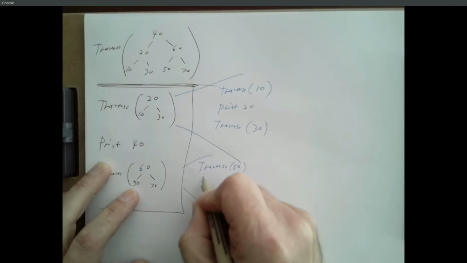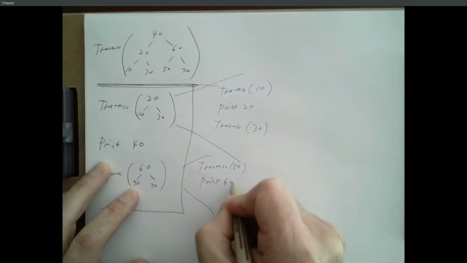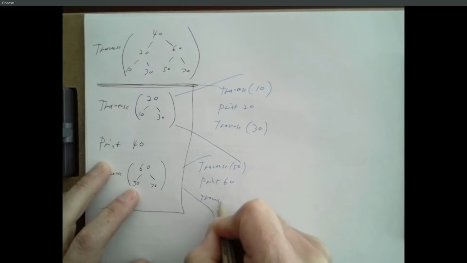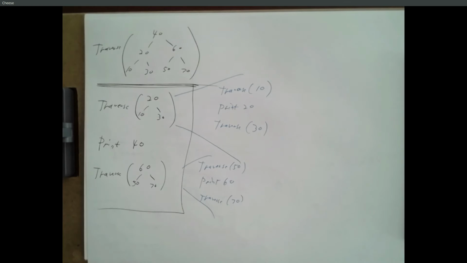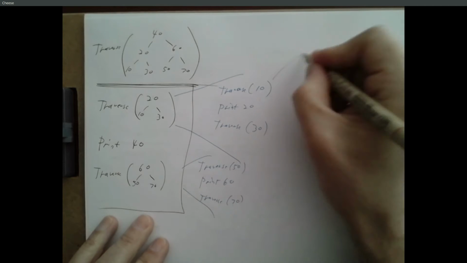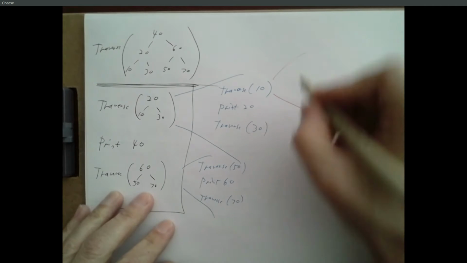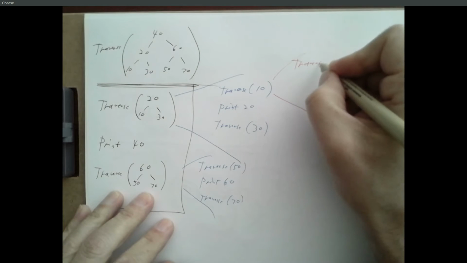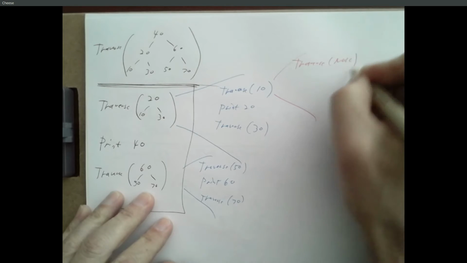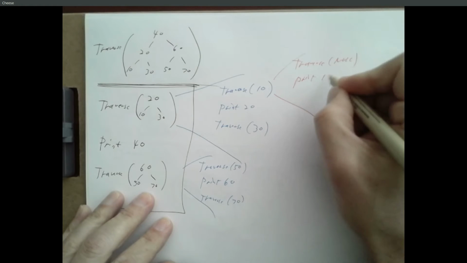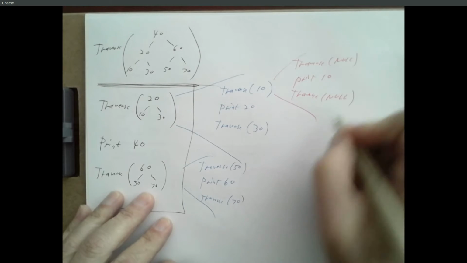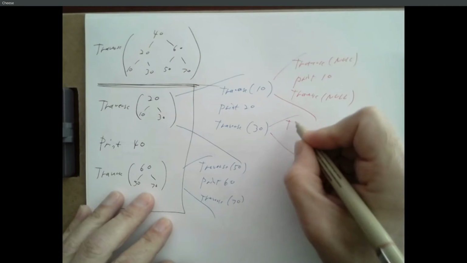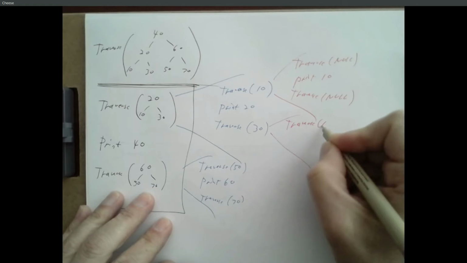It'll traverse 50, print 60, and traverse 70. And when you say traverse this tree, it's going to traverse the left subtree, which is null. It's going to print the root, and it's going to traverse the right subtree, which is null. And same thing here, and you get the idea.